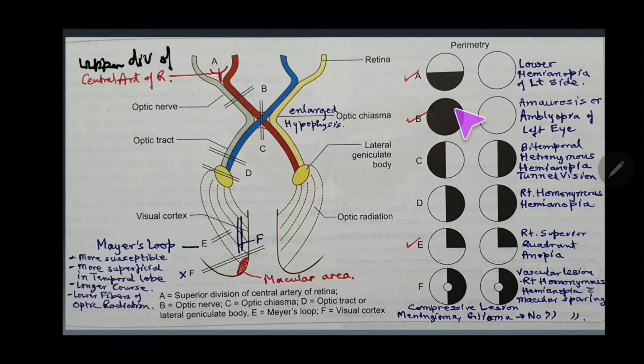Remember, this complete loss of vision in one eye is called amaurosis. Amaurosis is a complete defect in the visual field, and one of the reasons might be atrophy of the optic nerve, right? So that is amaurosis.